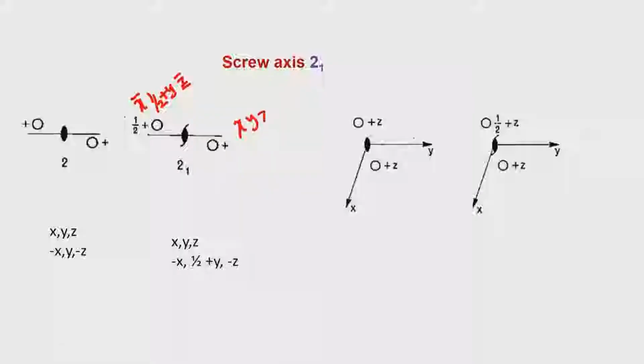So x, y, z now goes over to x bar, half plus y, z bar, and now if we operate the two-fold rotation again on this x bar, half plus y, z bar object, it will go through another two-fold rotation, and it will now come to an equivalent point which is x, 1 plus y, z. That means we have now introduced a one unit translation along the y direction.